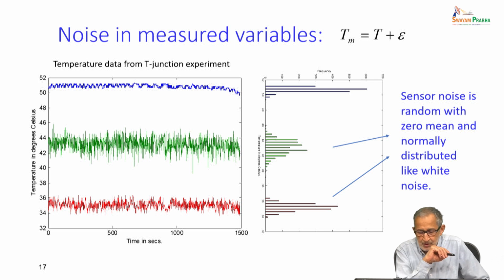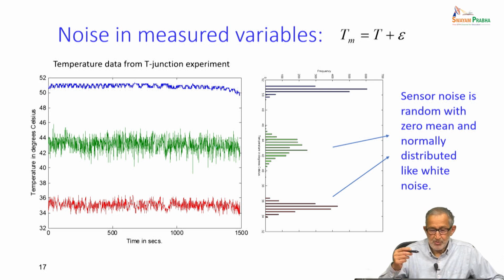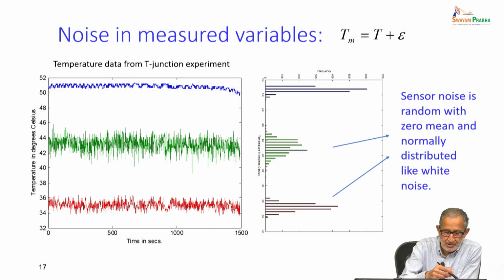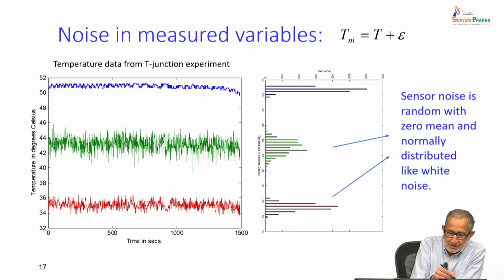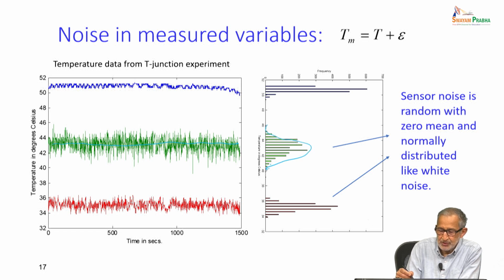Now, I just want to point out, when you measure something, here is the flow rate that we measured, here is the temperature that we measured in another pilot scale equipment, and while the temperature appears to be more or less constant, we look at the sensor noise or the fluid noise.